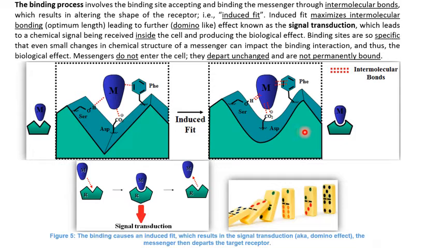We should also notice that the binding sites are so specific that any small change in the messenger can affect the induced fit, and this can affect the signal transduction and therefore the biological effects.